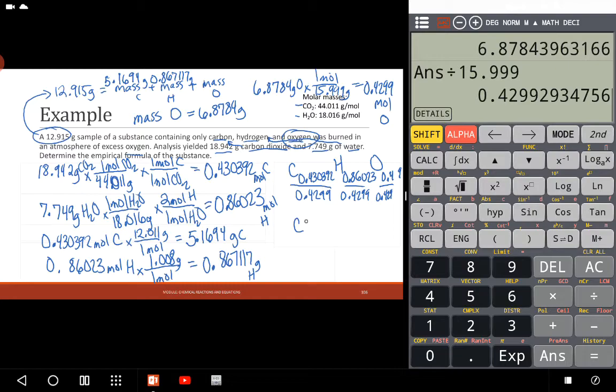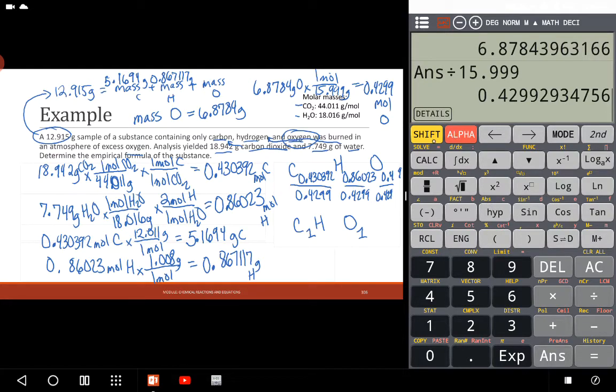And so then we're left with carbon. That's going to be about 1 because they're so close together. Hydrogen, I want to make sure that that is 2, but it looks like it's going to be about 2. And oxygen is going to be 1 for sure.